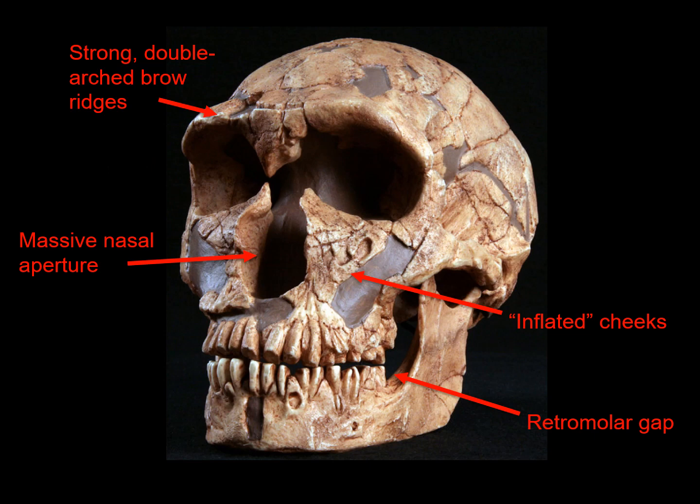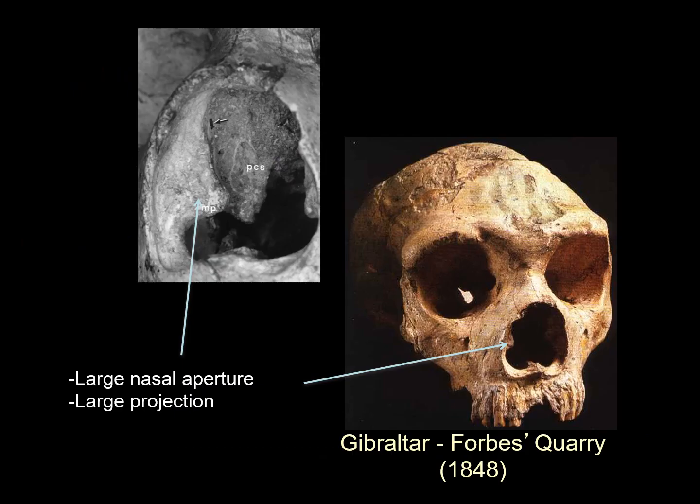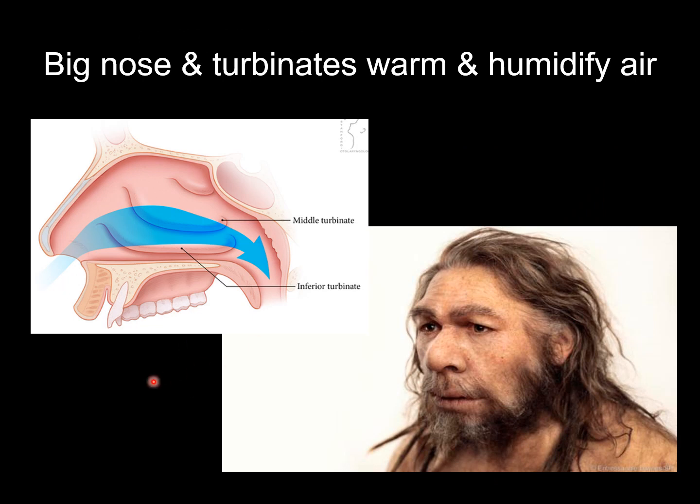And Neanderthals have a massive nasal aperture, which means they had a massive nose. Why do they have such a large nose? Well, if we zoom in, so this is the Gibraltar specimen, again, that's the second Neanderthal specimen discovered ever. There's this large projection here, right? These are known as turbinates. So these are quite large in Neanderthals. What is the function of a turbinate? Well, a big nose and turbinates warm and humidify the air.